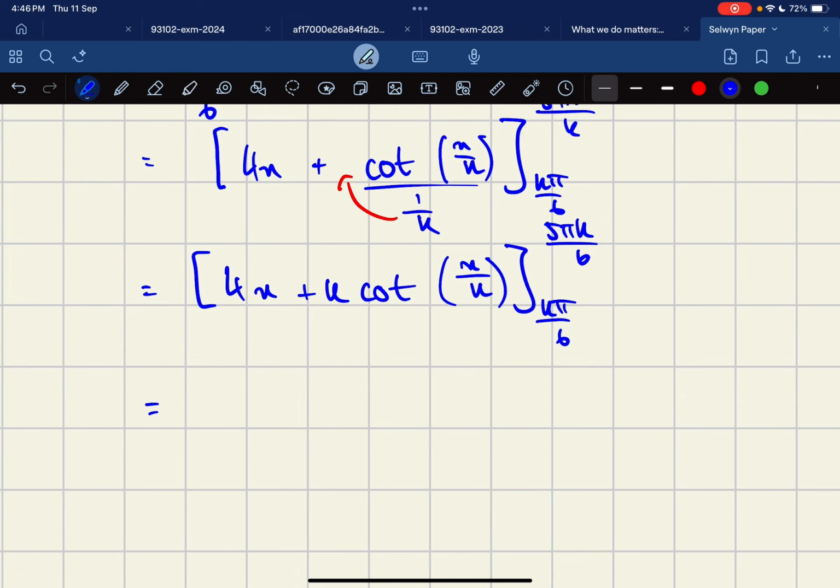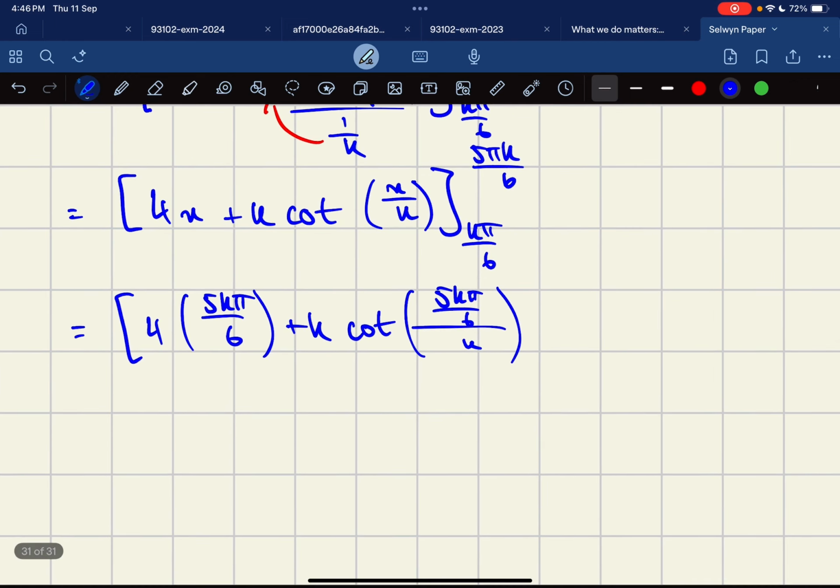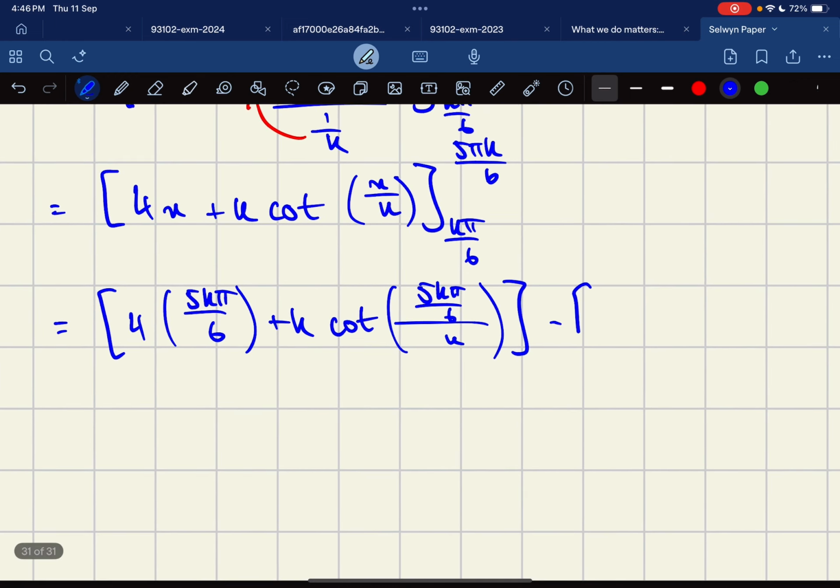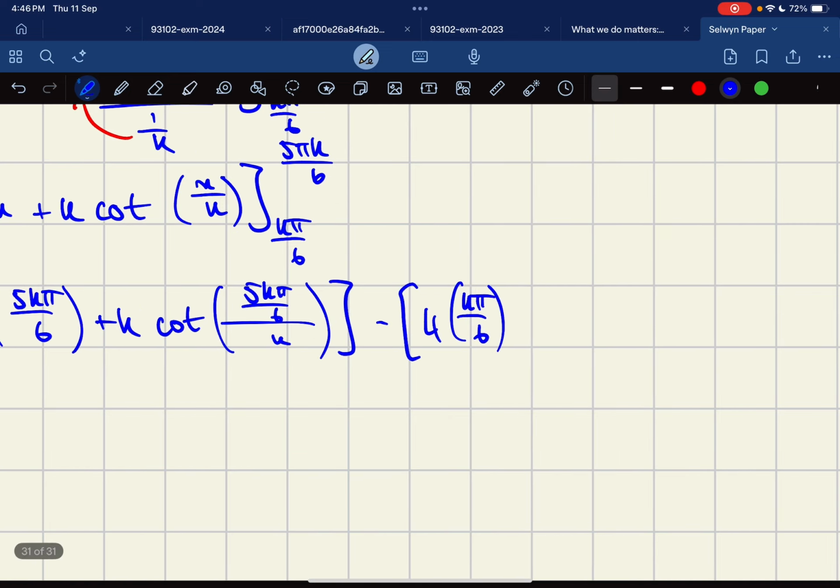So then substituting in x equals 5k pi over 6 and then k pi over 6, this gives us 4 times 5k pi over 6 plus k times cotangent of 5k pi over 6, and then divided by k. That's the first part, and then minus 4 times k pi over 6, and then plus k times cotangent of k pi over 6, and then over k.